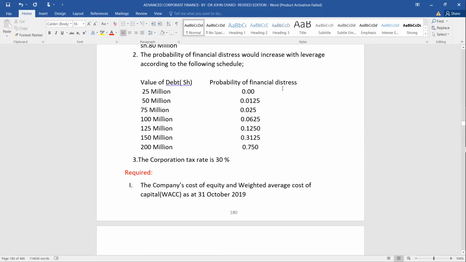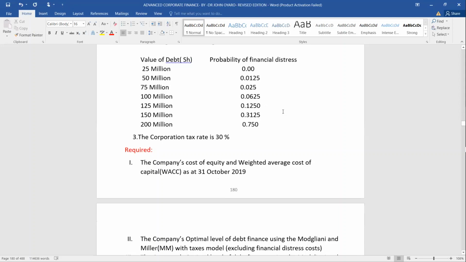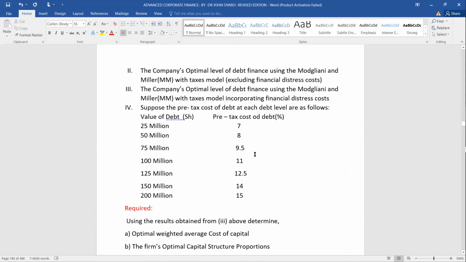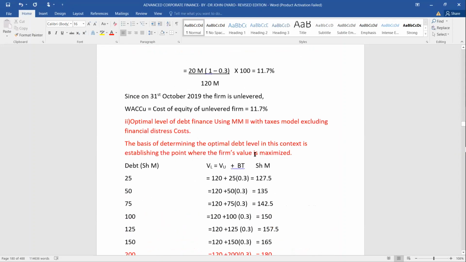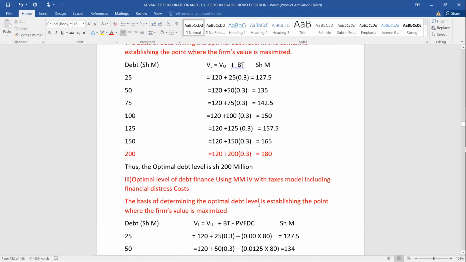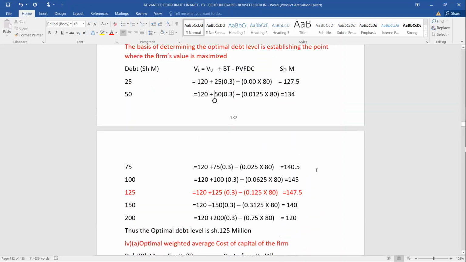This is the chance of financial distress. Multiply by those financial distress costs of 80 million, so that we establish the estimated value of financial distress costs. All these figures are in millions. Taking 0.0125 times 80 million, the estimated value of financial distress costs is 1 million. Subtracting that, does it come to 134 million? Yes.